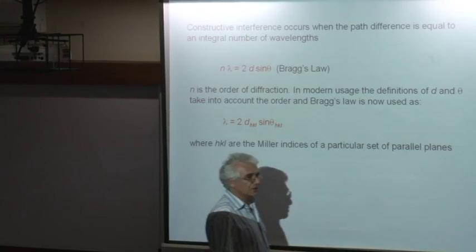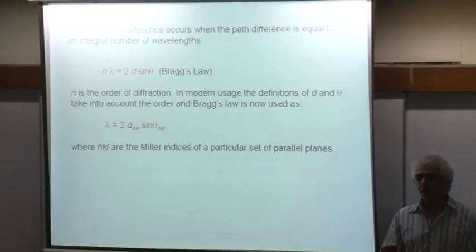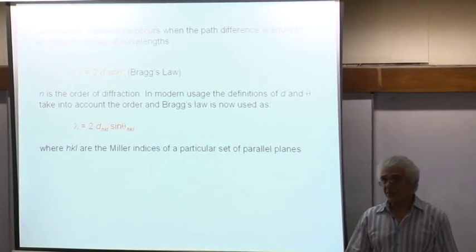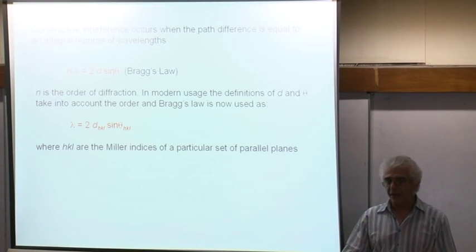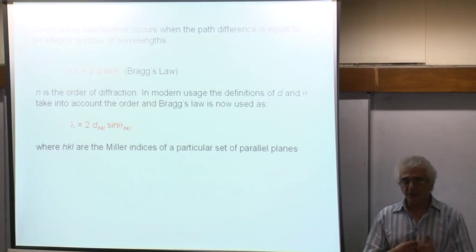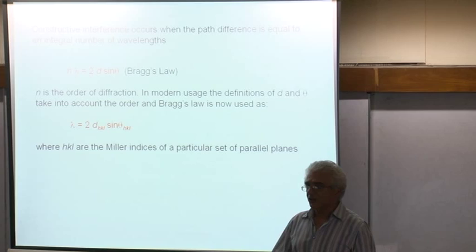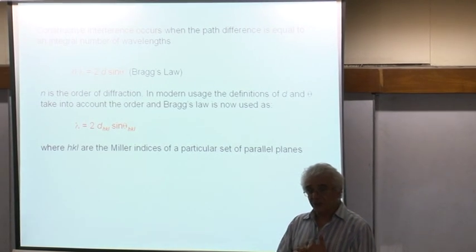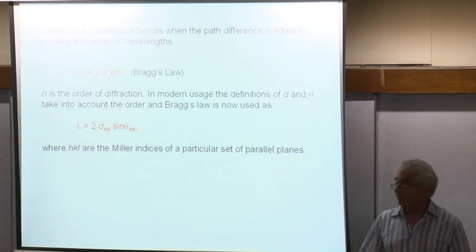In addition to that, the symmetry of the cell dictates that certain kinds of reflections will not be there. Now that's extremely important for us in determining the crystal structure, because they give us information on the space group. Which reflections are absent can tell us which space group we have.